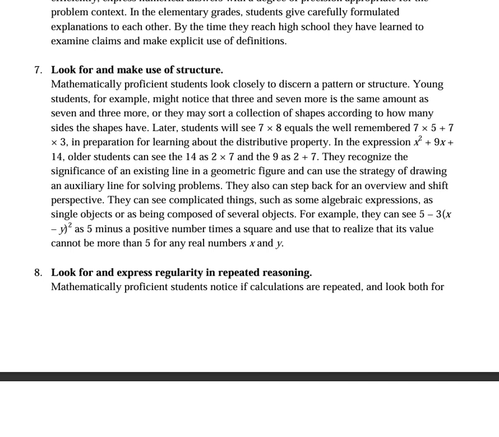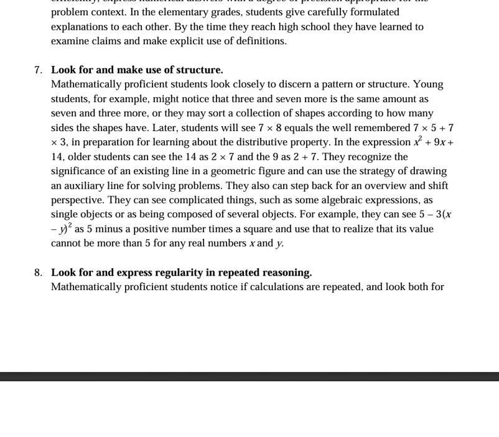Later, students will see 7 times 8 equals the well-remembered 7 times 5 plus 7 times 3, in preparation for learning about the distributive property. In the expression x squared plus 9x plus 14, older students can see the 14 as 2 times 7 and the 9 as 2 plus 7.